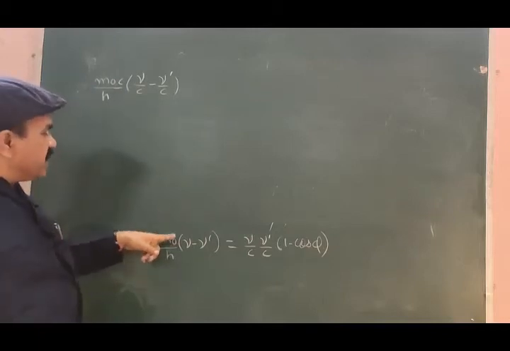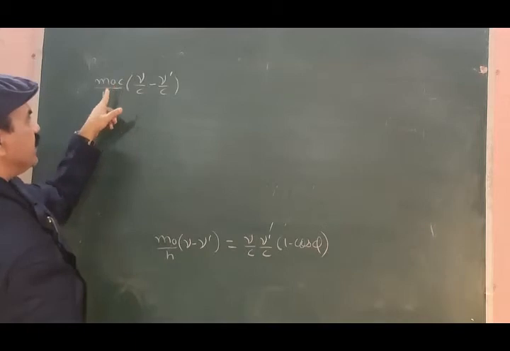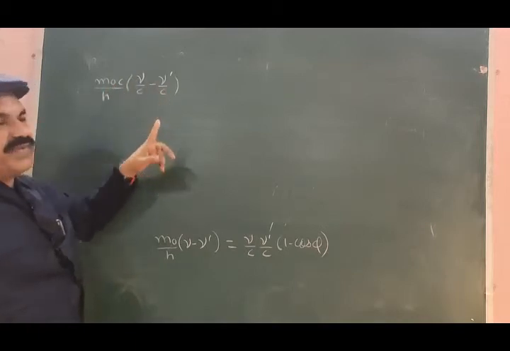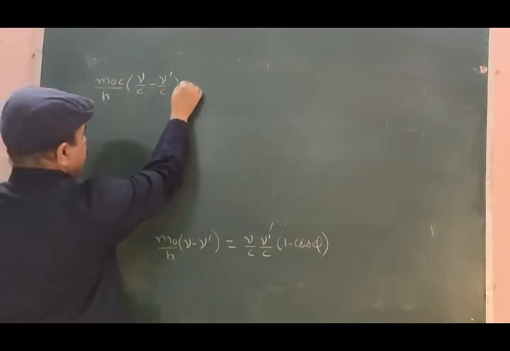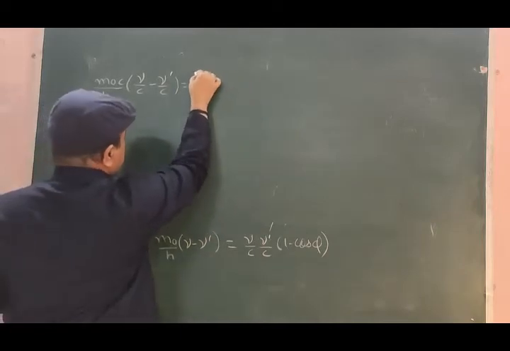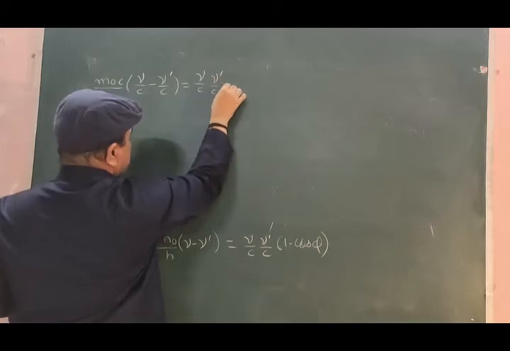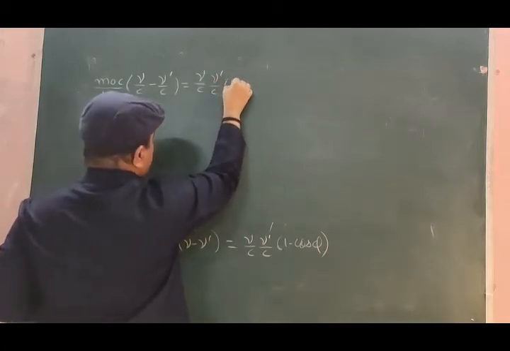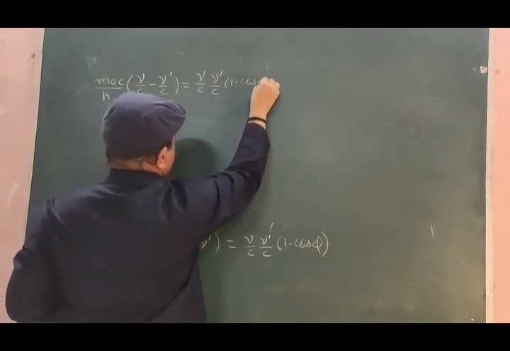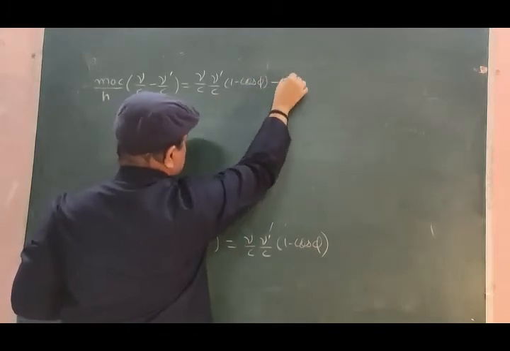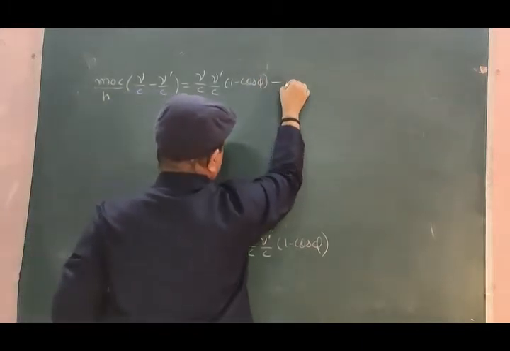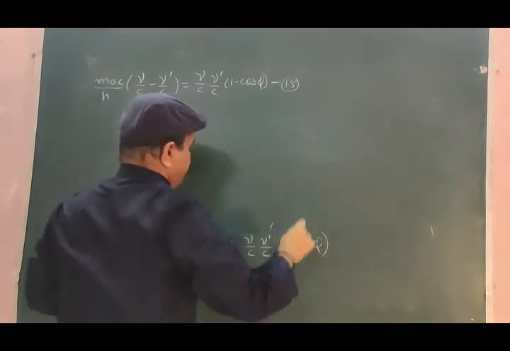So LHS has become m0 c by h into nu by c minus nu dash by c. This is nu by c into nu dash by c into 1 minus cos phi. Equation number, I think, 15.